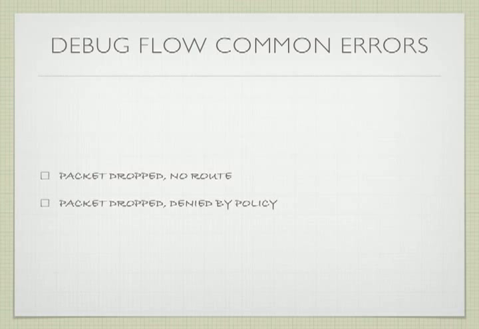You might see packet dropped, denied by policy. This will happen if there's an explicit policy that is configured to deny that traffic, and it'll give you the policy number, or if no policy is configured to allow that traffic, then the global deny rule will be causing this.